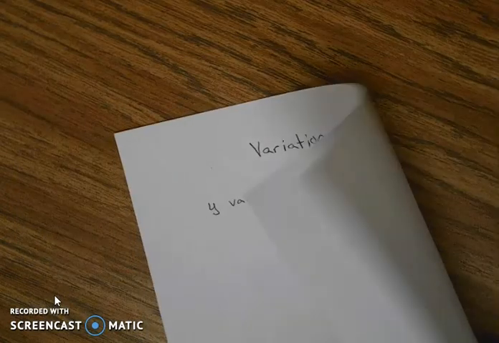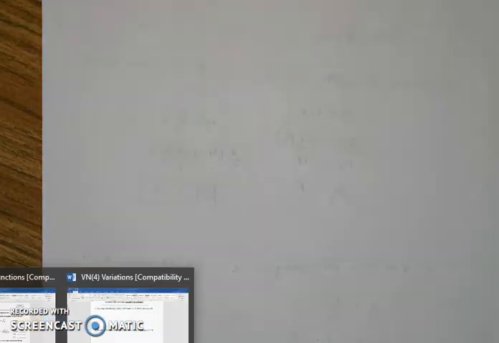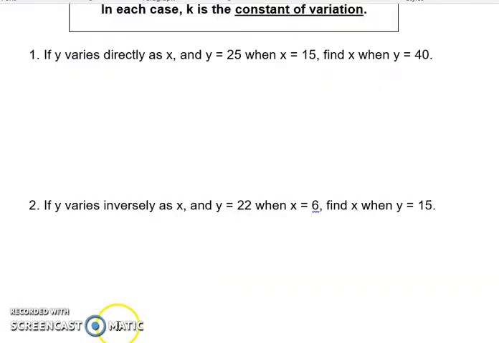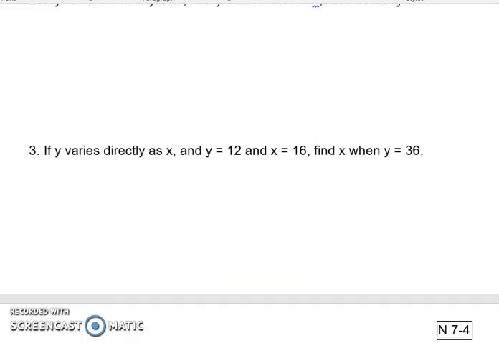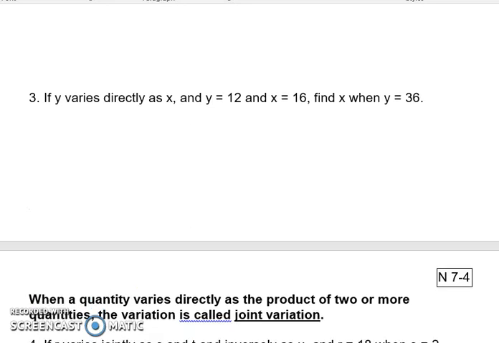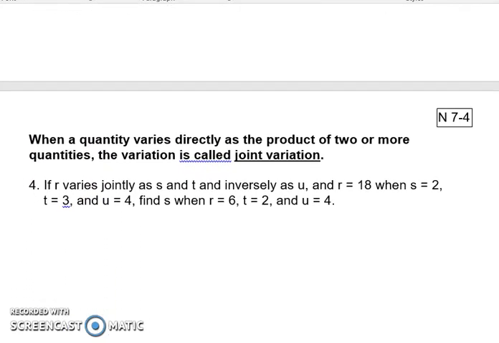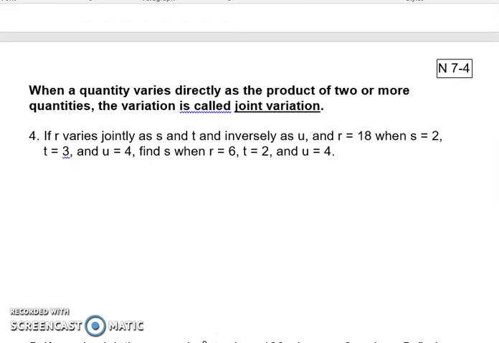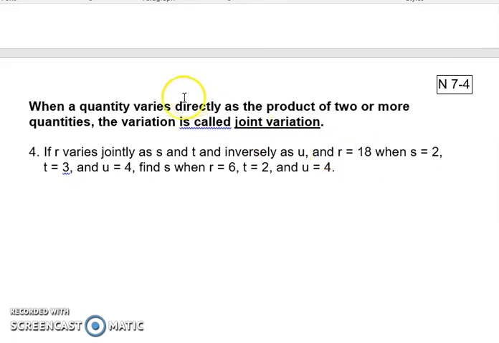Now let's look at one where we mix them. So let's look at example number 3. And actually moving on down here to number 4. So when a quantity varies directly as the product of two or more quantities, the variation is called a joint variation.